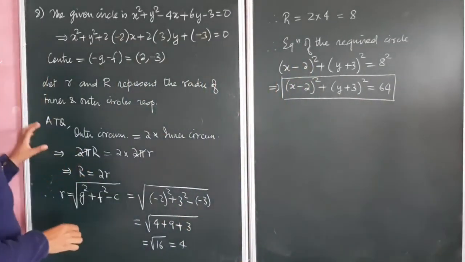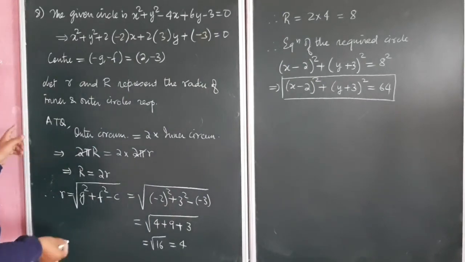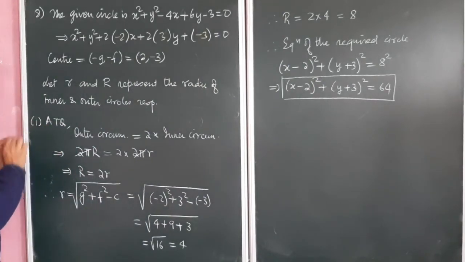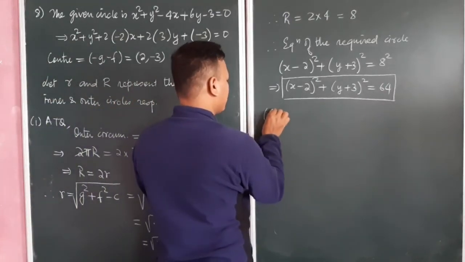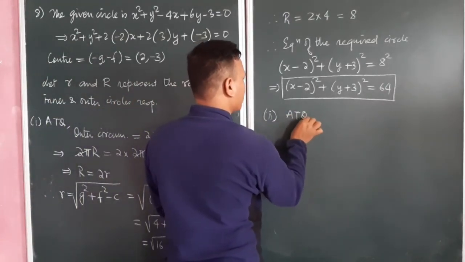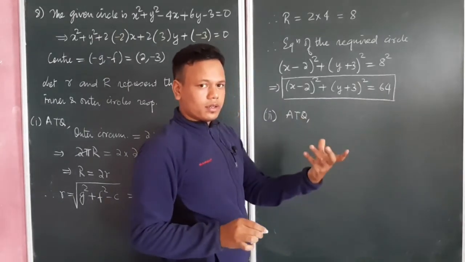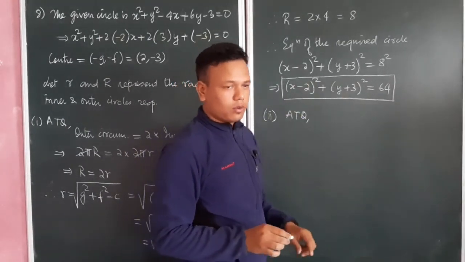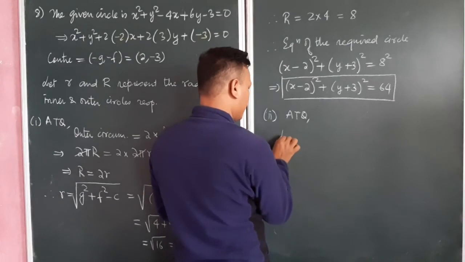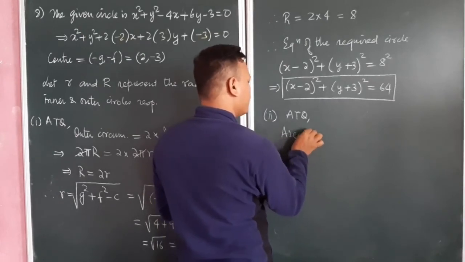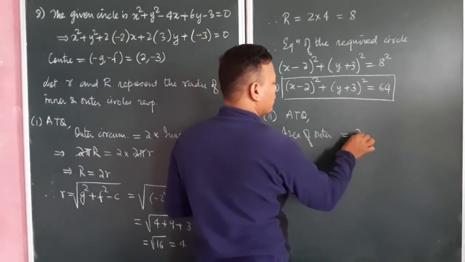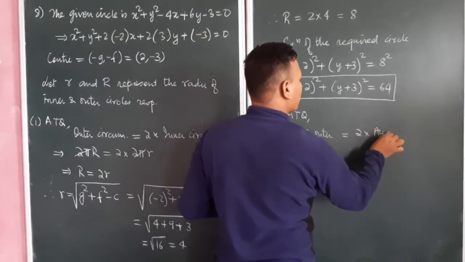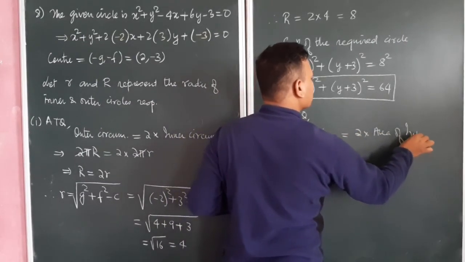Let me call this number 1. Number 2 says, in the second part, according to the question, the area of the bigger circle is double the area of the smaller. So the area of the outer circle equals double the area of the inner circle.